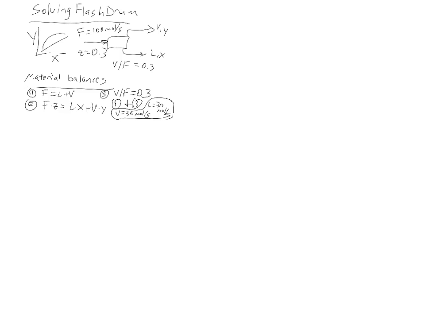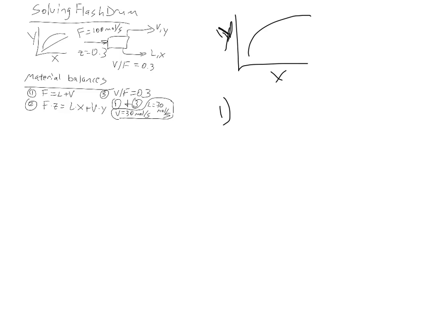We've used our material balance equations to solve for V and L, and now we're going to have to rely on this curve, our XY plot, to solve for Y and X. Part of the difficulty is that this is not a straightforward equation. This is a graphical illustration of the data, so we can't just solve an equation to get this.